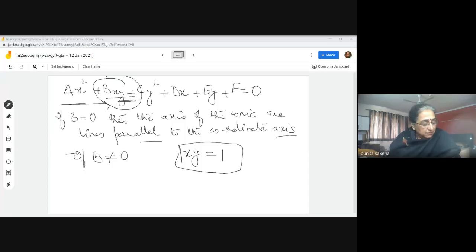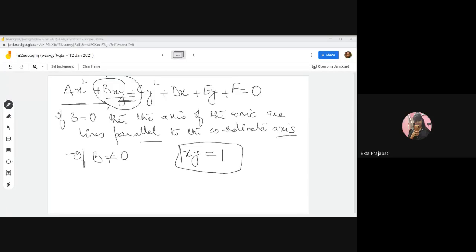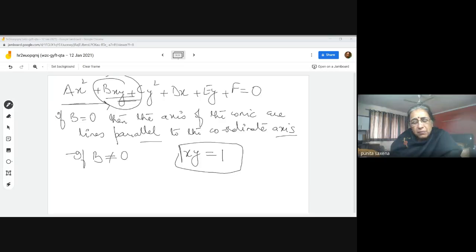मैम, both axes are equal. Sorry, I didn't get you. X axis and y axis, X coordinate axis and focal axis are equal. क्या मतलब? Coordinate axes are what?